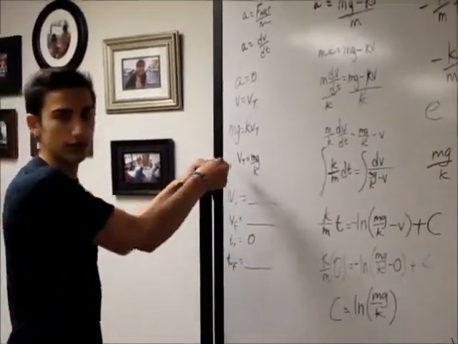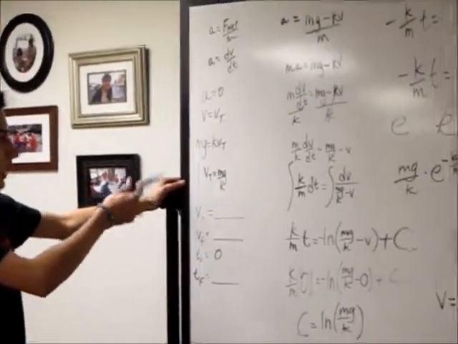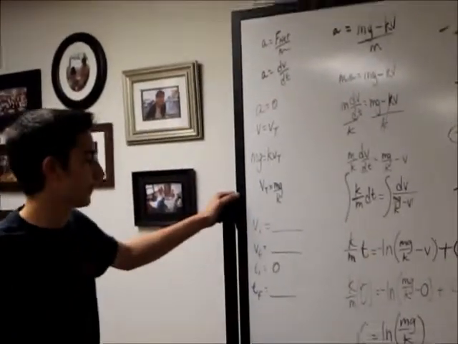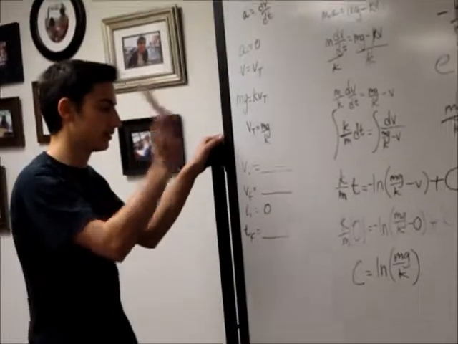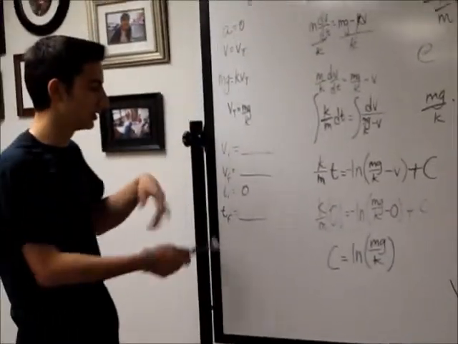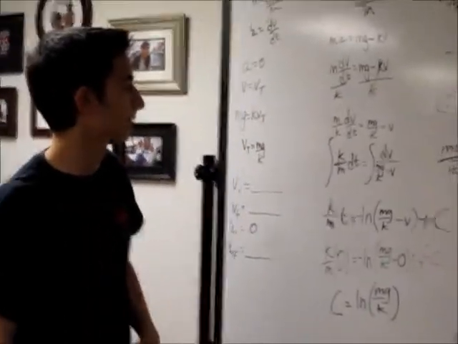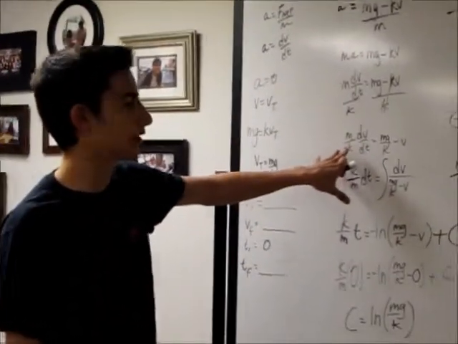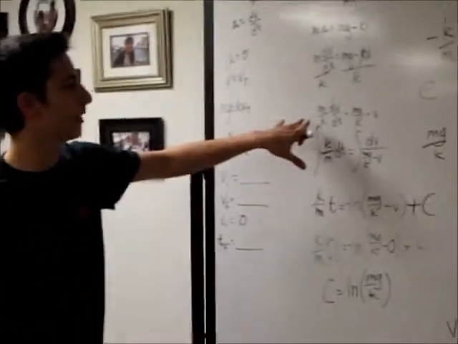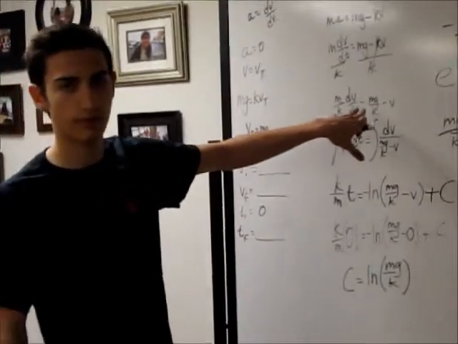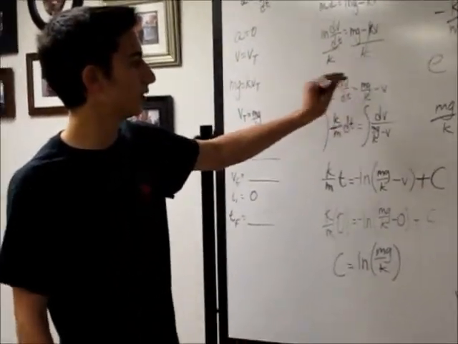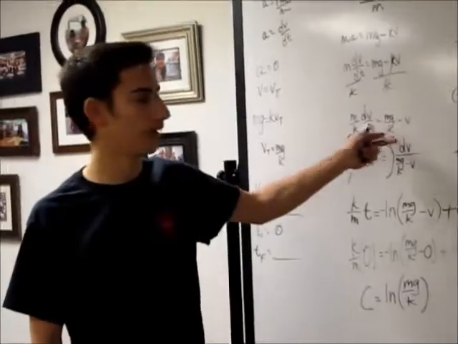So you get that terminal velocity is going to equal mg over k. And this is when v_i is this, v_f is unknown, t_i is 0. Okay? So divide out that k, and now you have an equation that looks like m over k times the derivative of velocity equals mg over k minus v.